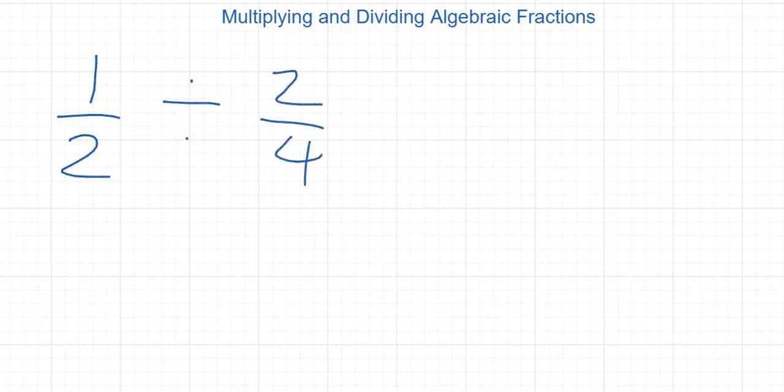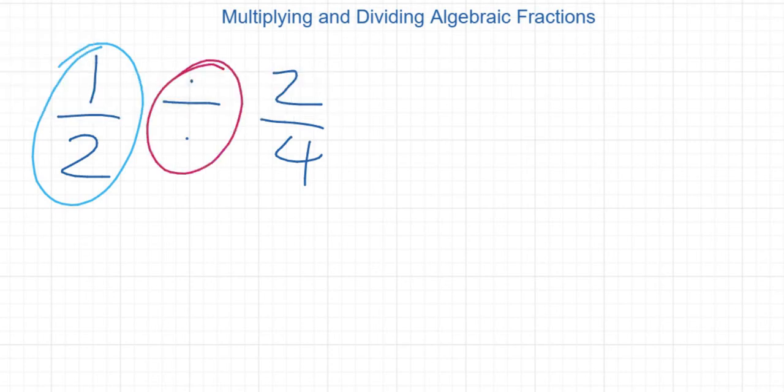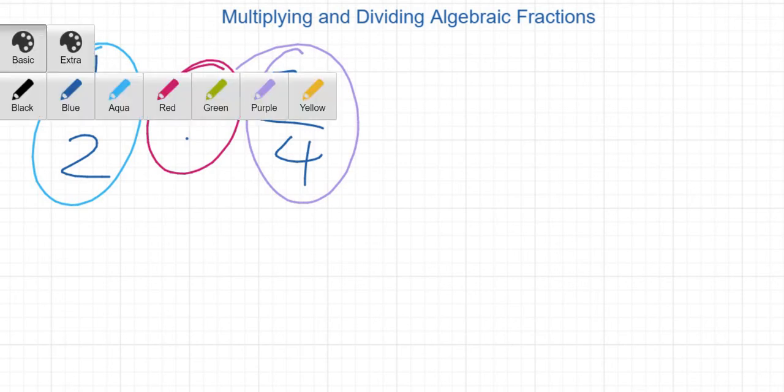So whenever we're dividing a fraction by a fraction, what is advised to do? We will keep the first fraction, we will change the sign of this operation, and we will flip or find the reciprocal of this fraction. So let's just write it down so we can remember.